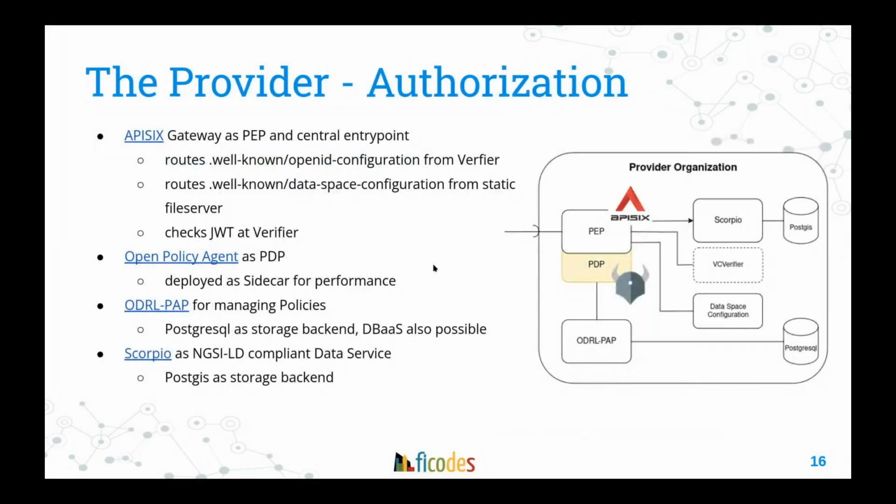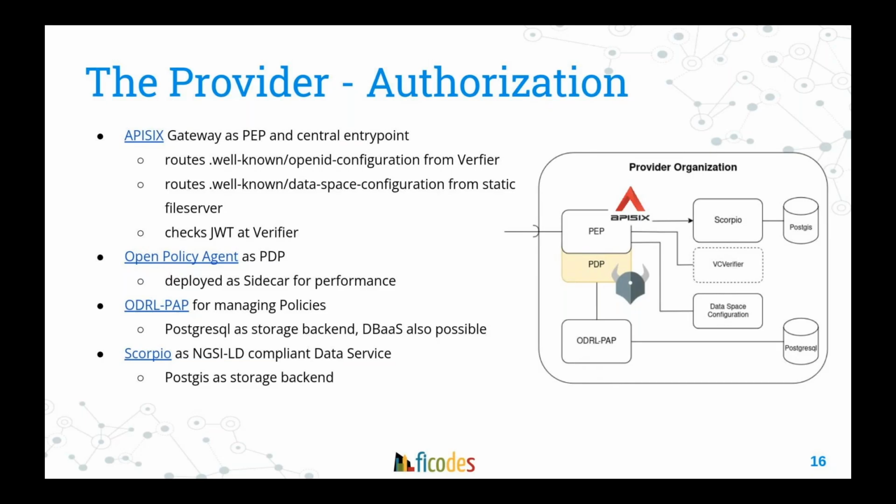Authorization. For authorization, we are using essentially two already well-established open source components. The central entry point to our provider, to our data space connector, is an API gateway called APISIX. APISIX is an API gateway maintained mostly by, I think, Red Hat.